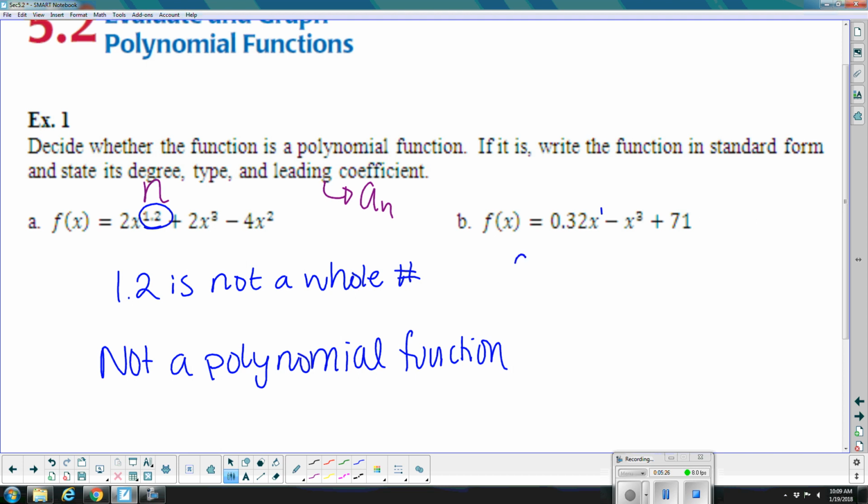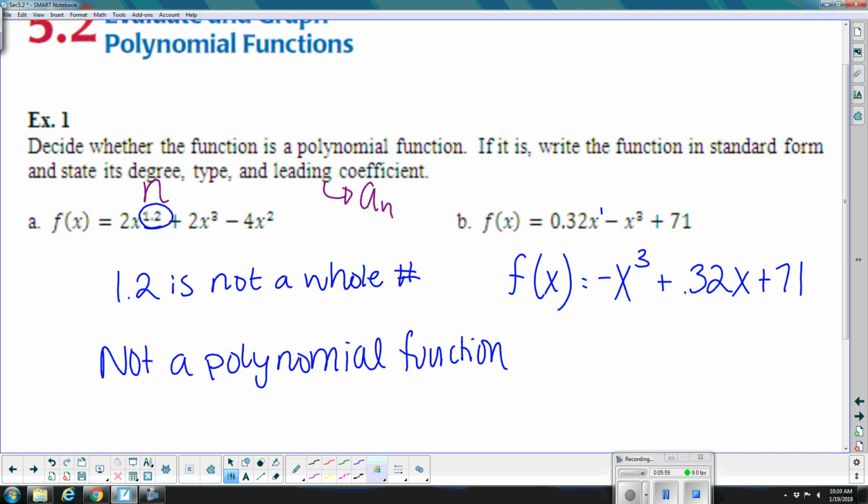To write this in standard form, we want to start with the largest exponent and the coefficient associated with that. In this case, it's negative x cubed. We don't have an x squared term. So then our next coefficient and exponent is 0.32x, and then lastly our constant term.